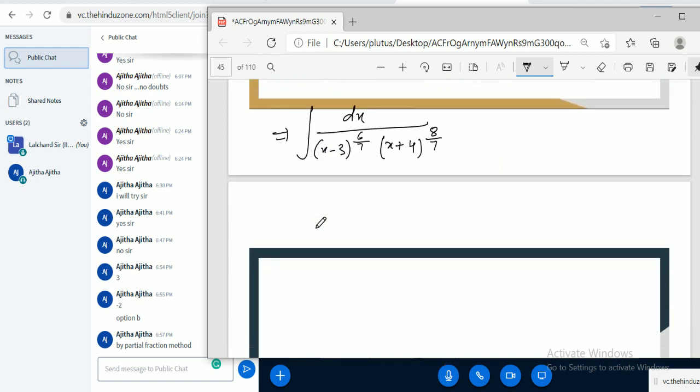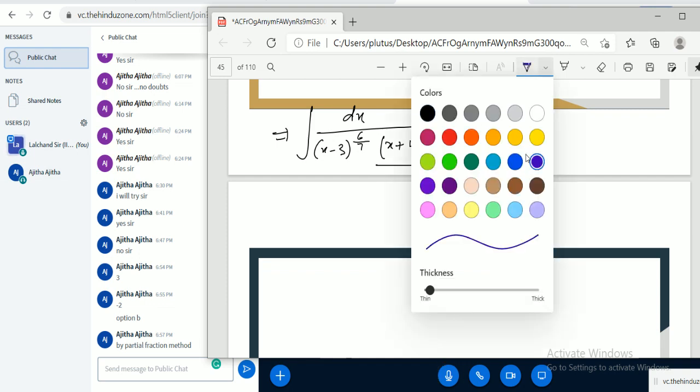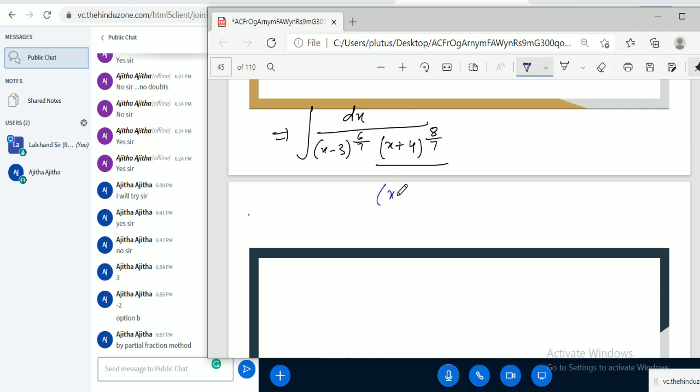Okay, so if you multiply and divide by this factor, then this equation will be transformed if we write (x minus 3) to the power 8 by 7, and here multiplied by (x minus 3) to the power 8 by 7, because we are converting this factor into the same power. Okay, by multiplying and dividing by this factor.